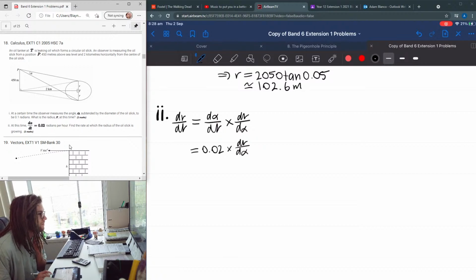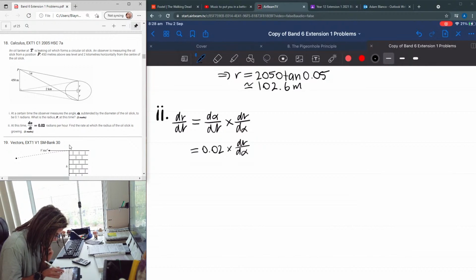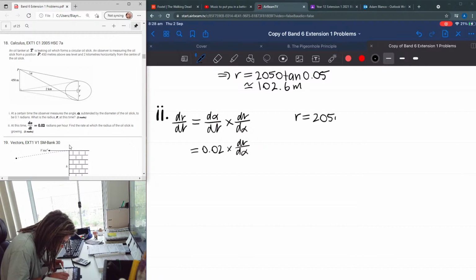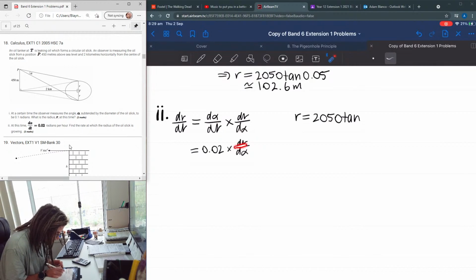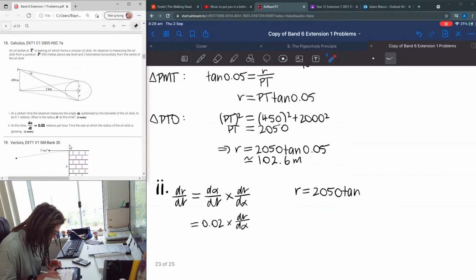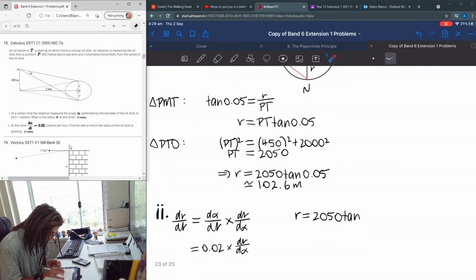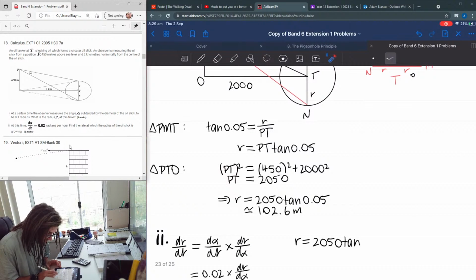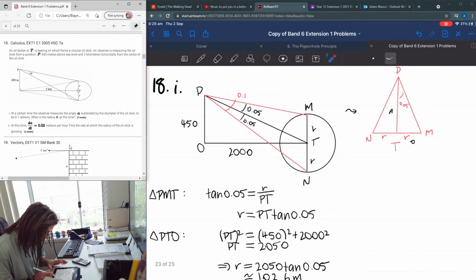Well, I already know what r is. R is equal to 2050 tan. Now I need R in terms of alpha. At the moment I've just got R in terms of a number, but recognizing that what I started with for this value, where did I get this value?